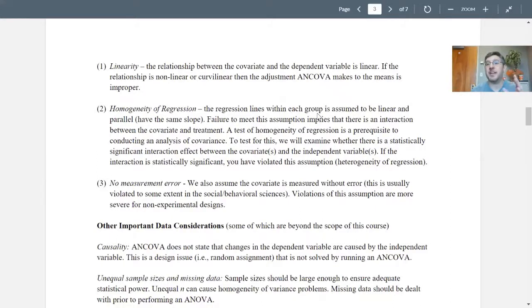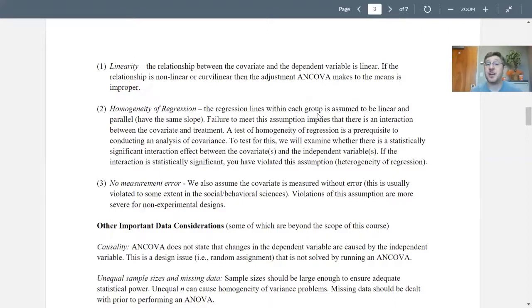What that would mean, if we were graphing, is that the regression line between the covariate and the outcome would be parallel in each one of the groups.